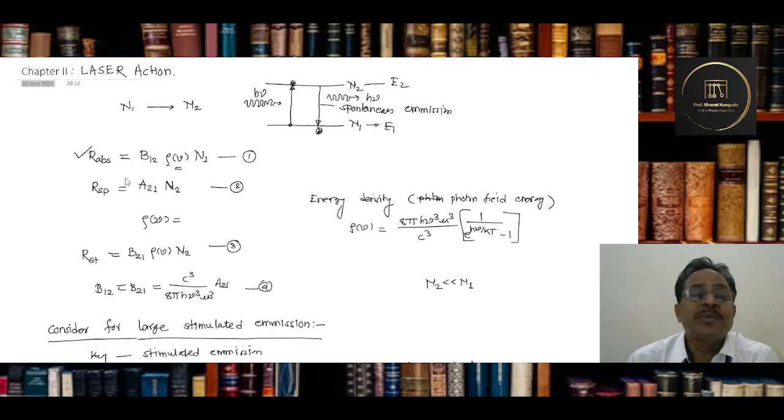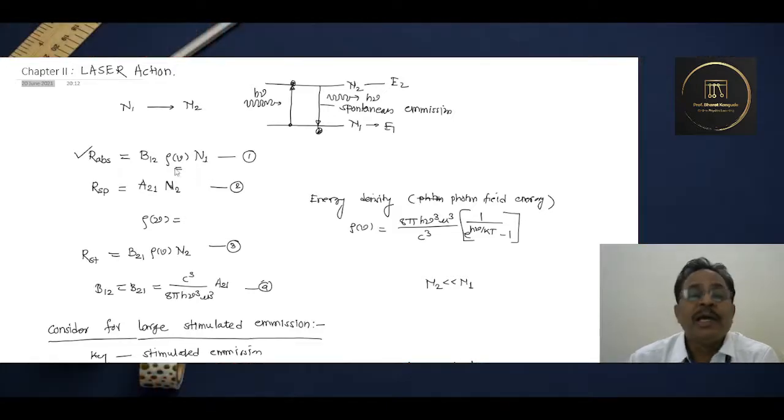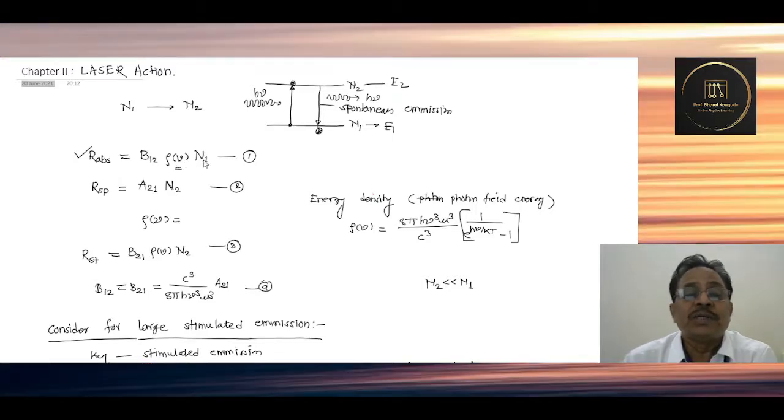So RABS is proportional to N1, as well as proportional to the number of photons coming in, called the photon field or photon density, the energy density.